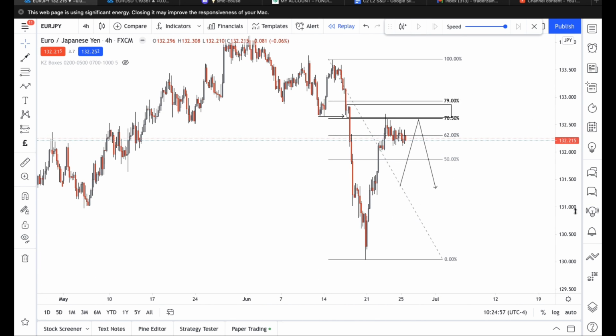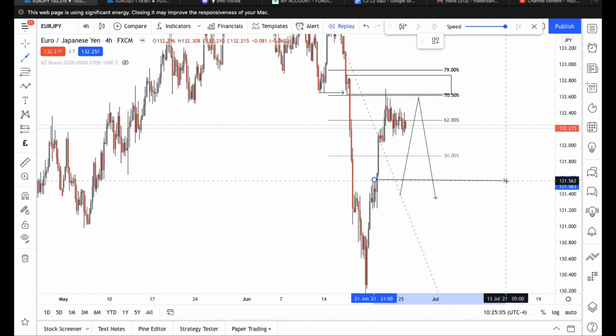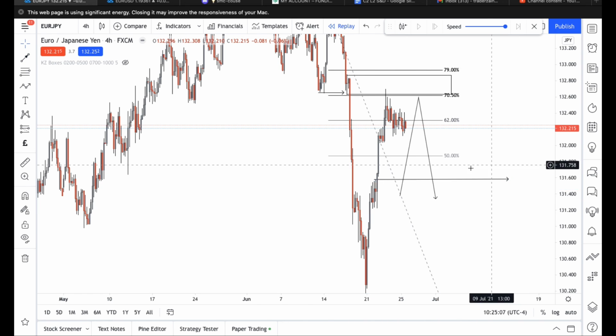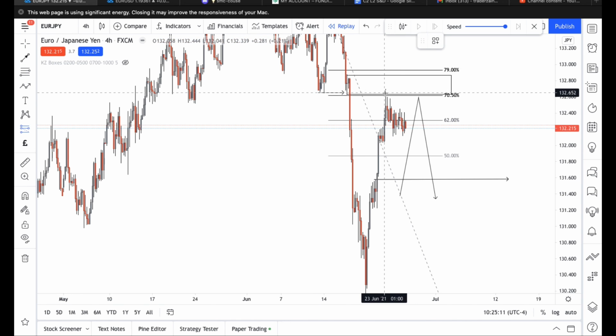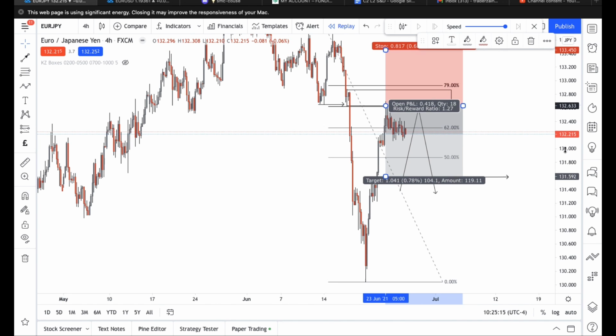And I'll potentially be looking to target this area of imbalance right over here. So I'll potentially target this whole area here. Entry there with our TP down here.